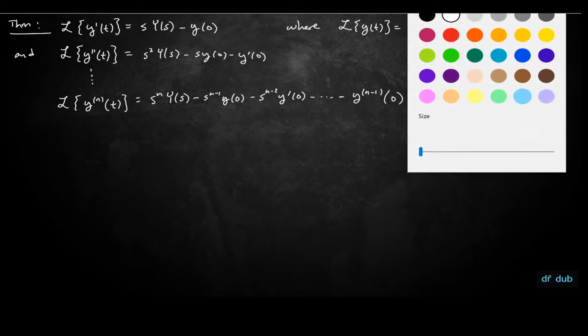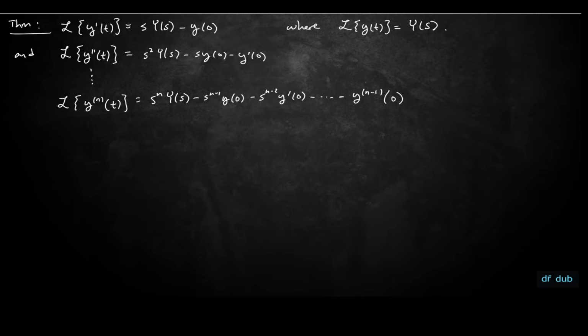And I can show you, hopefully, the proof for y prime of t. So let's take Laplace of y prime of t. Well, that's going to be the integral from 0 to infinity y prime of t e to the negative st dt.